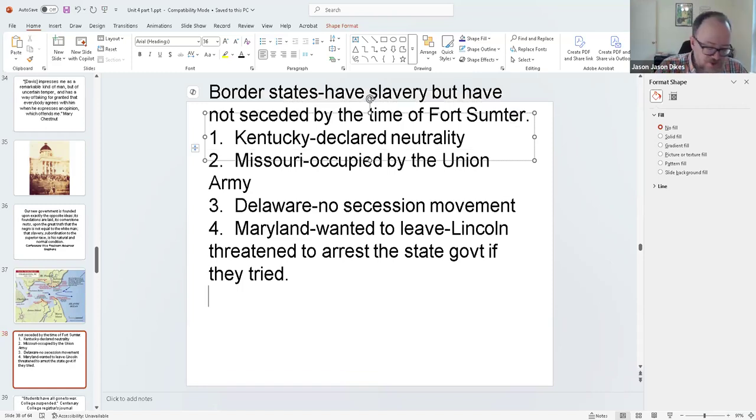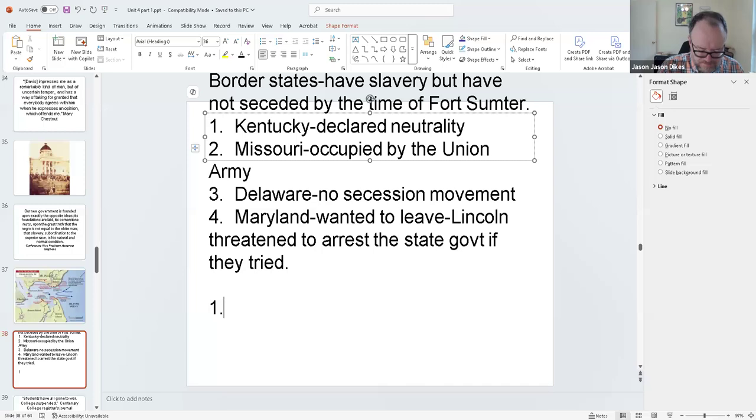Lincoln made a few other decisions right after Fort Sumter during the first month of his presidency. Actually, let's start with the one that kind of ties into what's going on up there in Maryland.